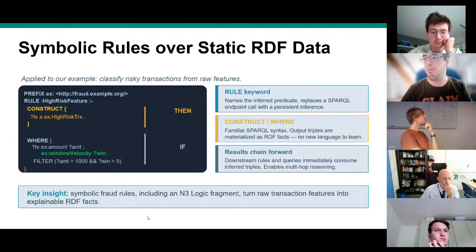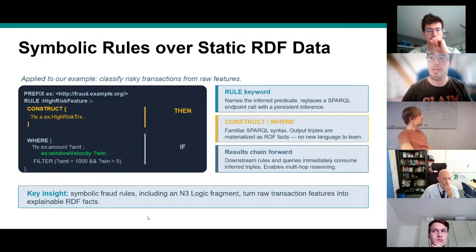Here in this example, what we're doing is that if velocity as well as the amount is higher than our threshold, then we're saying that the transaction is high risk. The construct is basically the conclusion, and the if statement is the where clause.